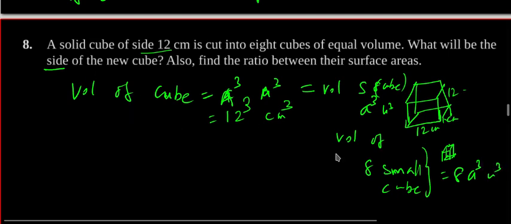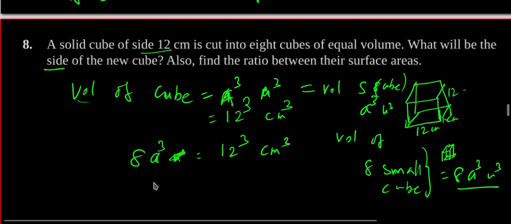So the same single big cube is converted into 8 small cubes. So the volume of the greater cube equals the volume of 8 small cubes. So we can equate 8a cube, unit cube, equal to 12 cube centimeter cube.